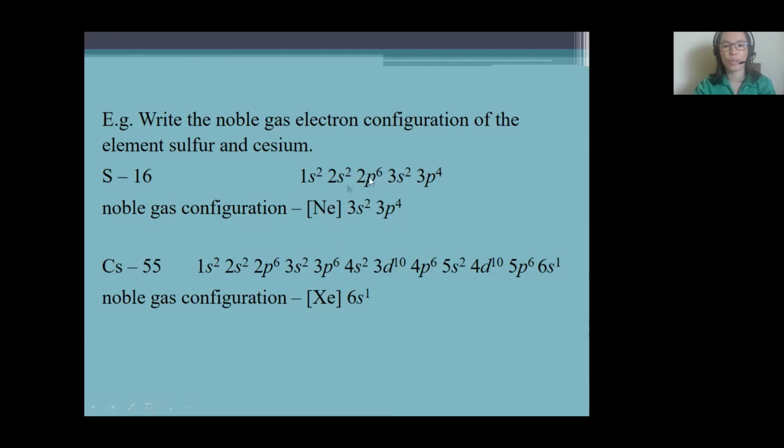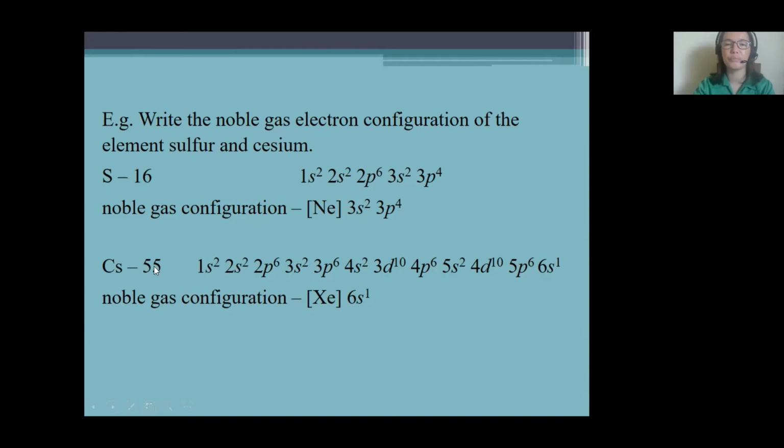So this is from 1s2 up to 2p6. We enclose that in brackets and then write the rest, which is 3s2, 3p4. So this is the shortcut electron configuration for sulfur, and we make use of neon. We cannot make use of argon because argon is 18, so we can't use that. It's only neon that is applicable.